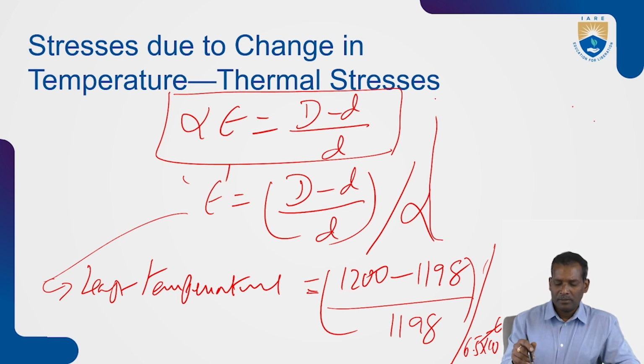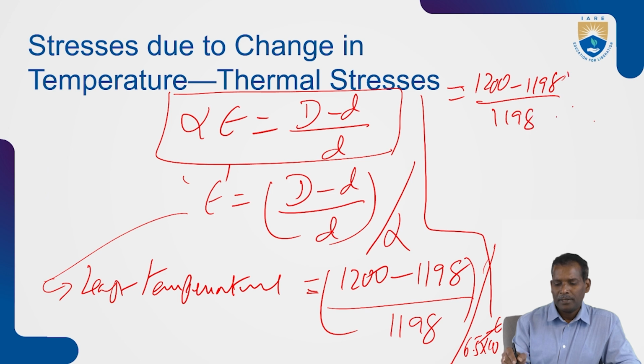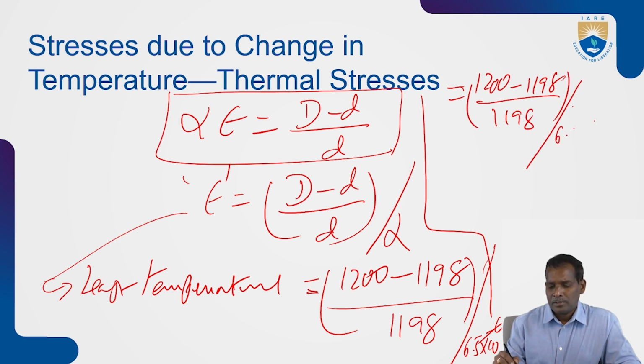So once again, write this equation: 1200 minus 1198 by 1198 upon 6.5 into 10 to the power minus 6 degrees centigrade.